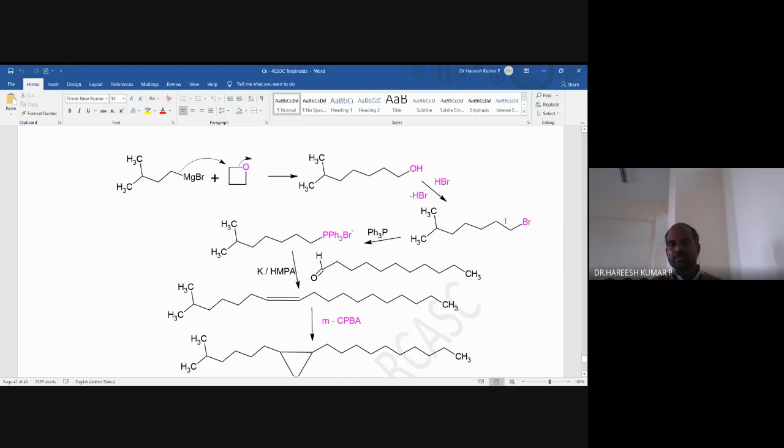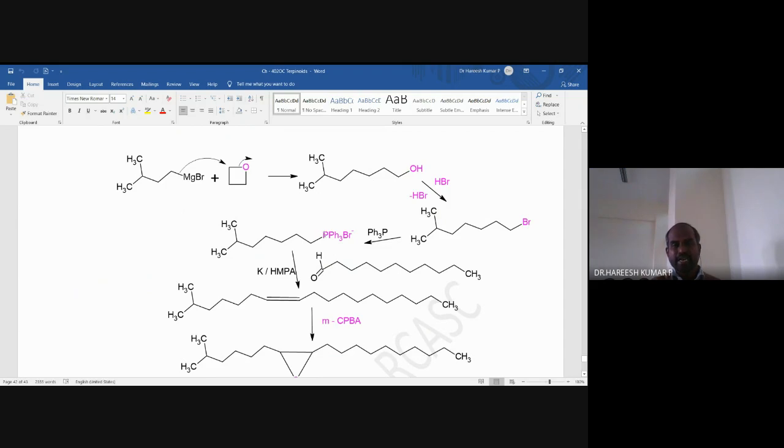Once the bromide is obtained, it is converted into triphenyl phosphonium bromide. When it is treated with triphenyl phosphine, this is the method of conversion of bromide to the triphenyl phosphonium bromide. What it means is that you are converting a haloalkane to a halide.